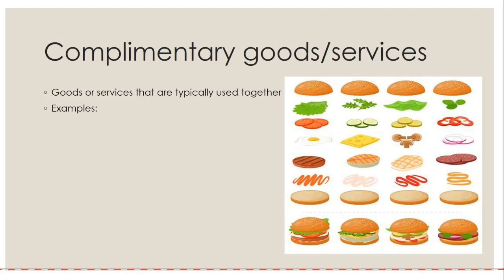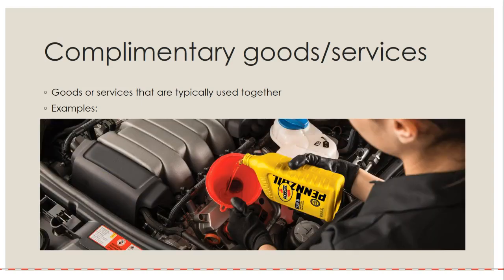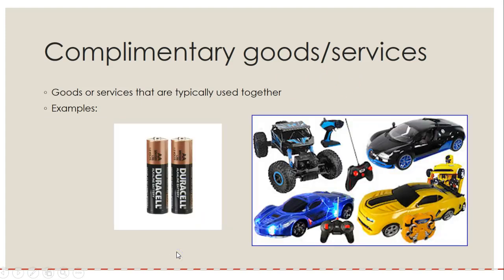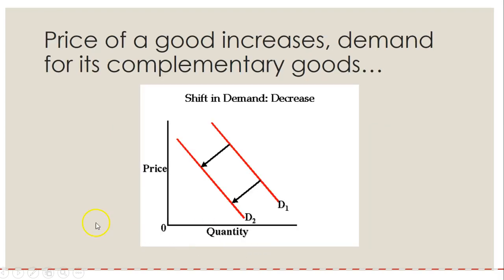Certainly hamburger buns and hamburger meat, these are complementary goods. Oil and an oil funnel or oil in a car, these are complementary goods. These things tend to be correlated. Battery-operated toys and batteries. These are complementary goods.